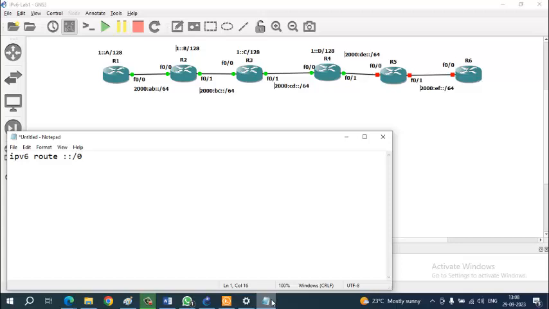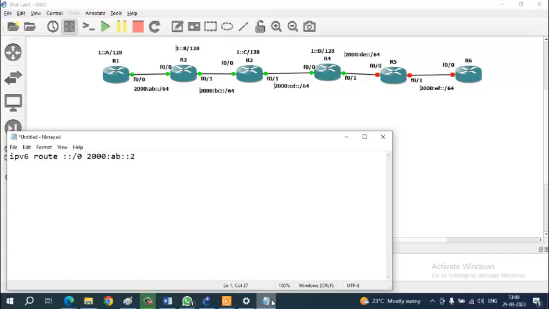Subnet mask can be anything. Destination IP address can be anything. That is the default route, right? Any network, any subnet mask. Where do I need to send? I need to send to 2000 : AB : 2. Do you agree?